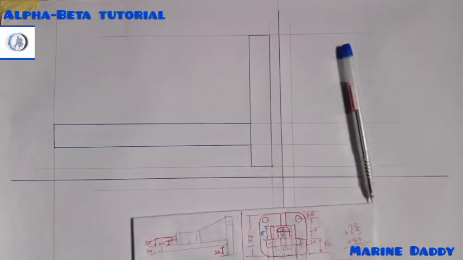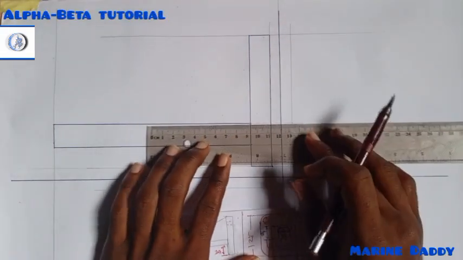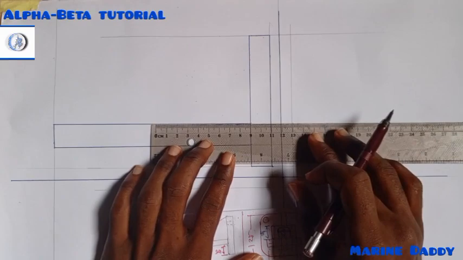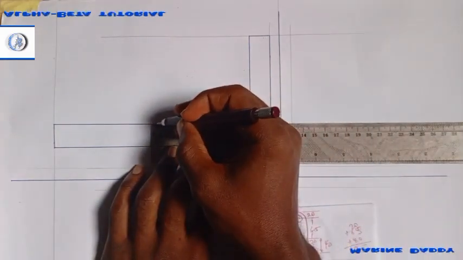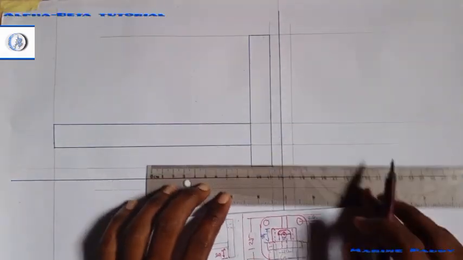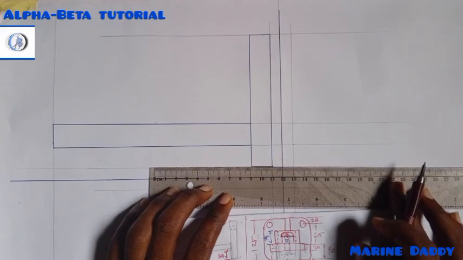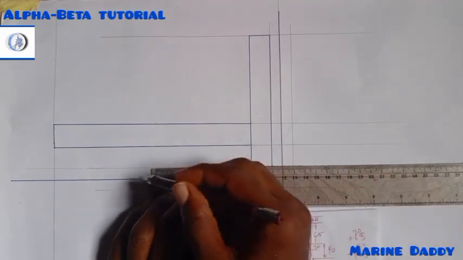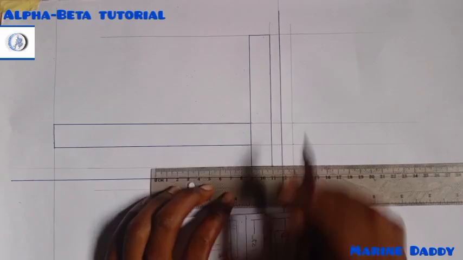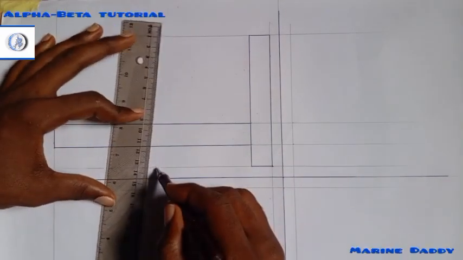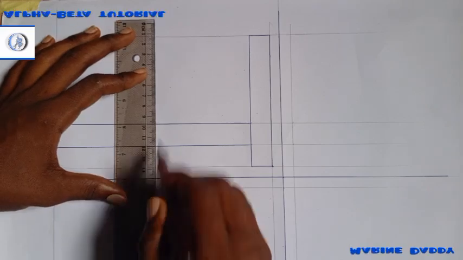So I'll just indicate it 90 here. So this is 90. Can come here, do the same thing. 90. Then connect it.